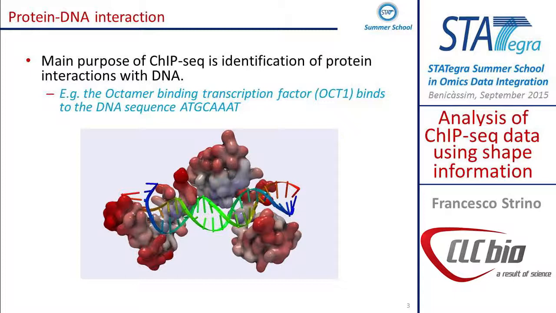In the example there, it's OCT1, which is known to recognize a specific DNA sequence. Typically these are not big proteins, and they bind some small sequence of DNA, typically between 6 and 13 base pairs.